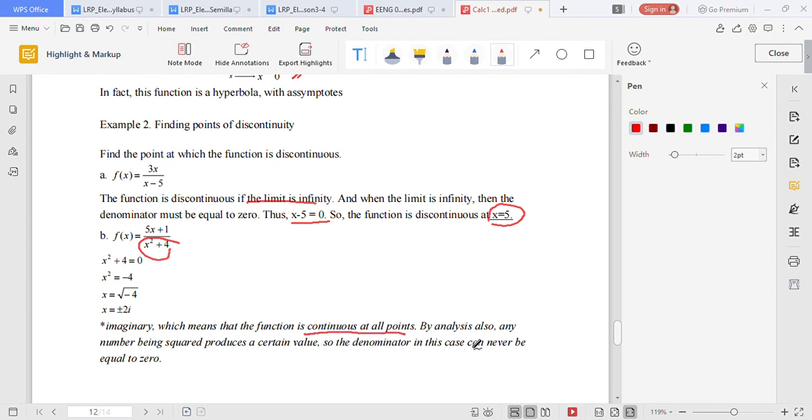By analysis also, any number being squared, so we have x squared here, produces a certain value, whether positive or negative, and so the denominator in this case can never be equal to 0.